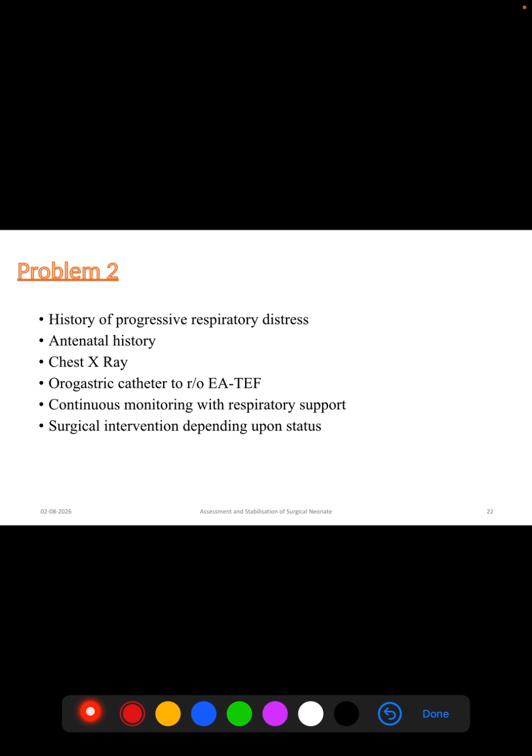This more or less suggests that there is some congenital respiratory lesion, which can either be a CPAM or a CLO, that is congenital lobar overinflation, emphysema. So surgical intervention depends upon the status of the baby, and usually we do a CT scan after 3 months of life. If there is no immediate distress, we will do the CT after observing, and then we will decide what to do.